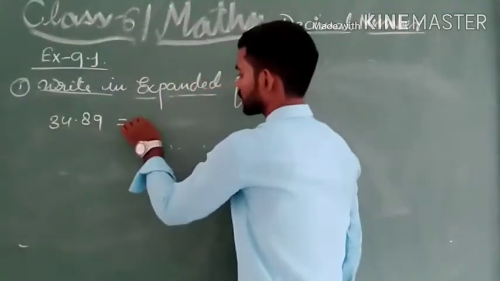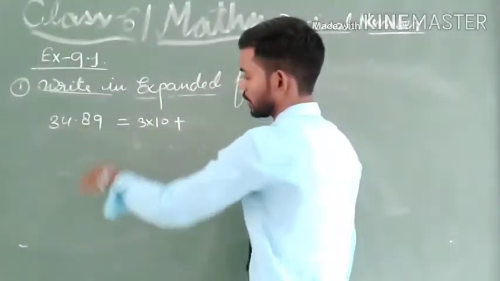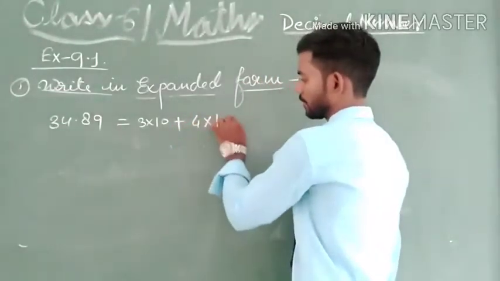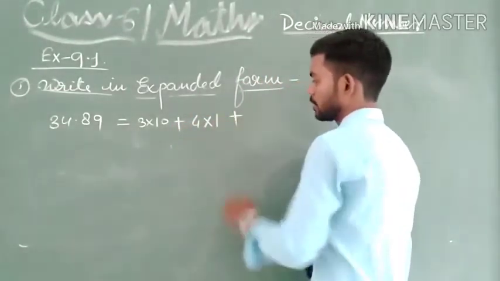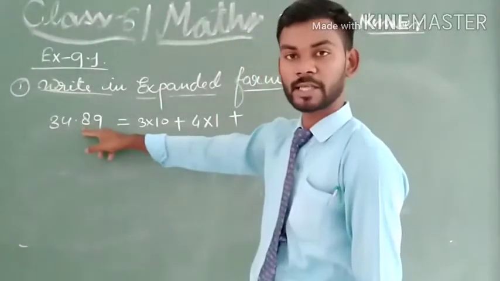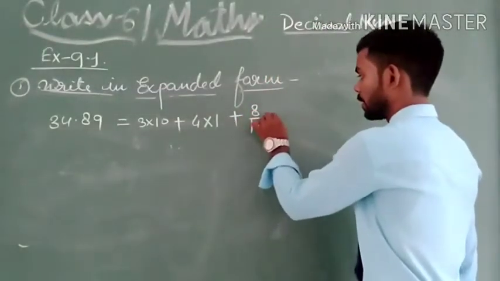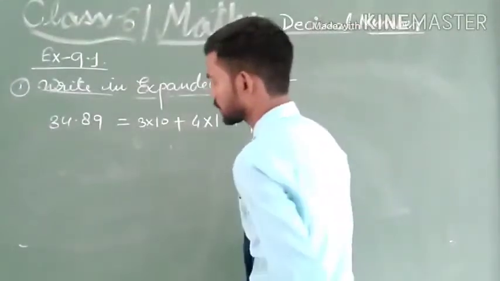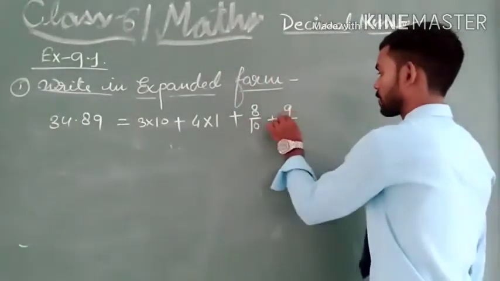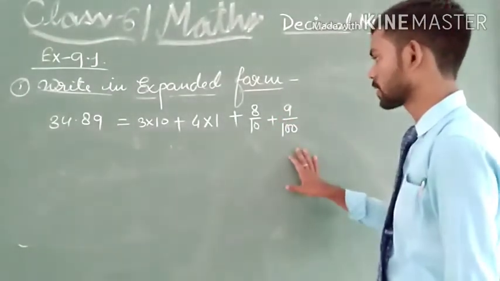Therefore 3 can be written as 3 multiplied by 10, and plus 4 is at the place of 1, therefore 4 can be written as 4 multiplied by 1, and again plus, and here we can see that the 8 is at the place of tenths, therefore it can be written as 8 upon 10, and plus this is at the place of hundredths, therefore it can be written as 9 upon 100. Okay, so I hope it is clear.